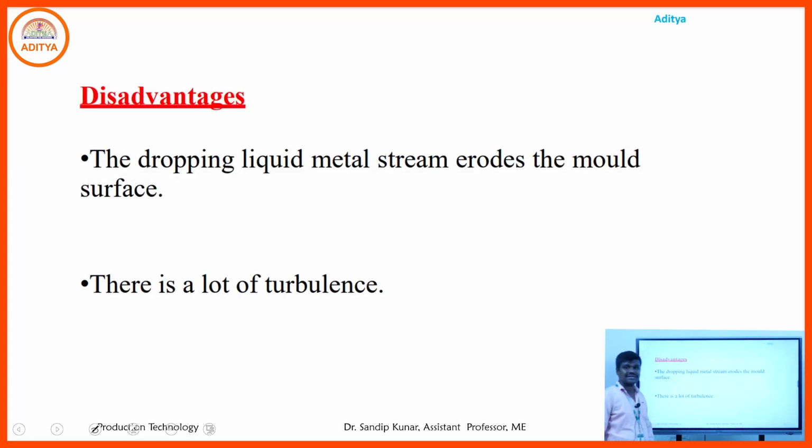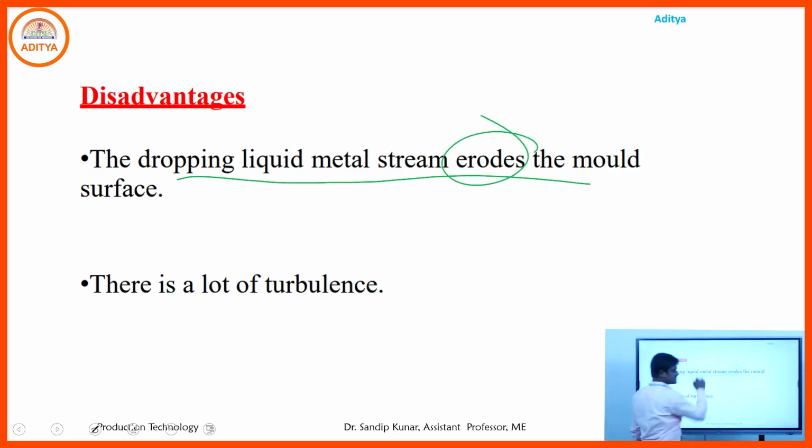What are the disadvantages? Dropping of the liquid metal stream to the bottom portion of the mold cavity sometimes erodes the mold cavity. The turbulence from dropping of the molten metal sometimes erodes the mold surface.